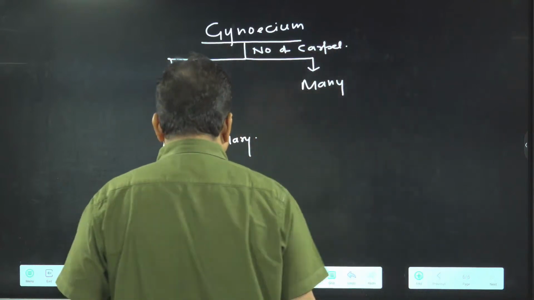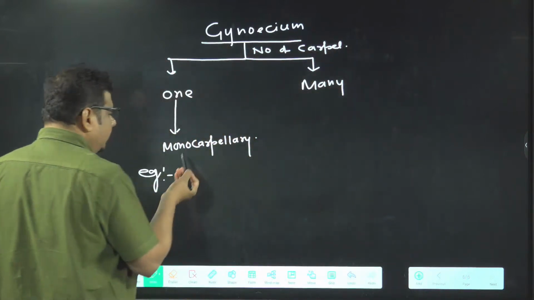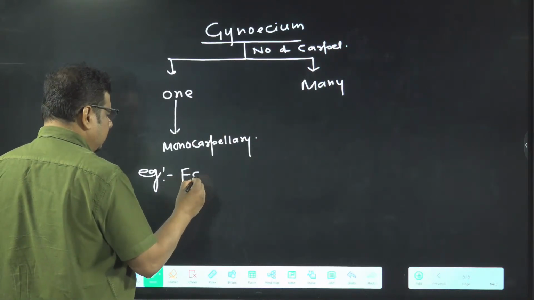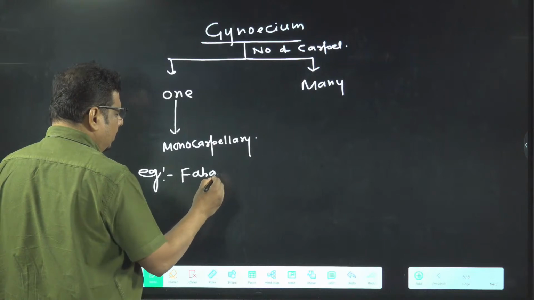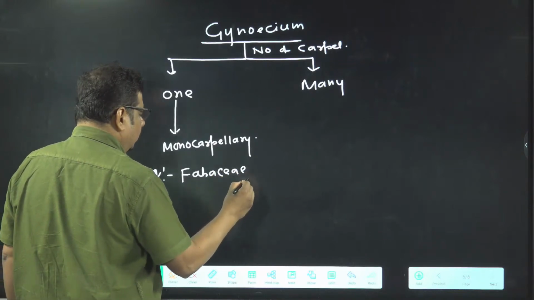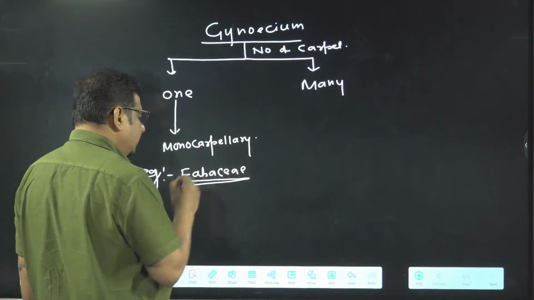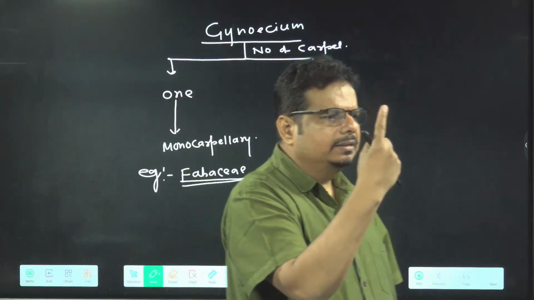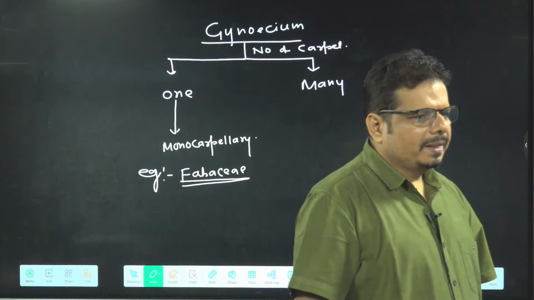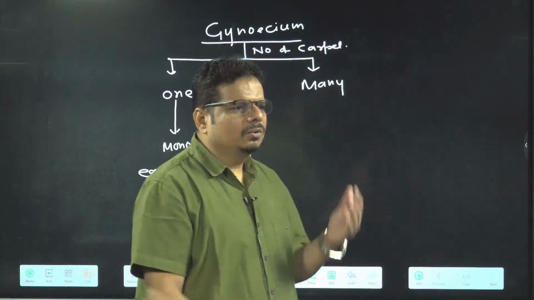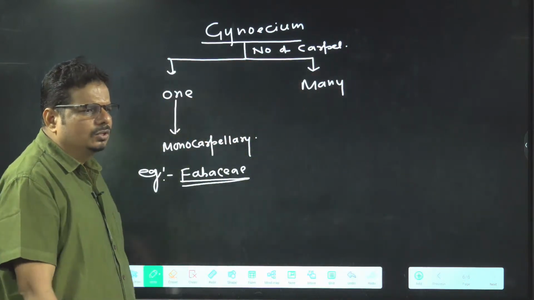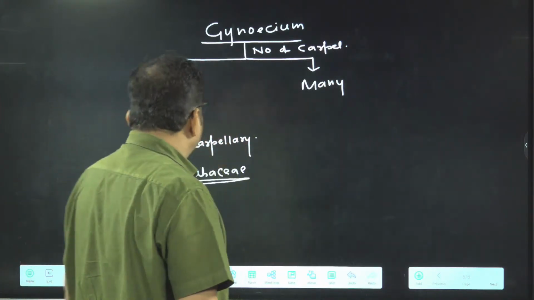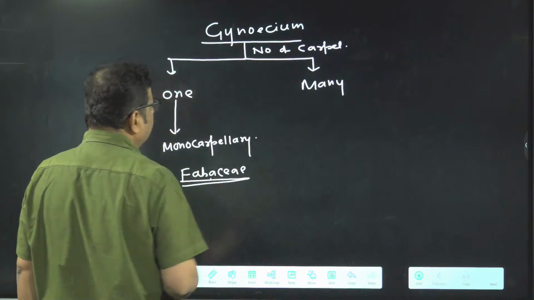Examples of monocarpellary are not mentioned here in NCERT, but you can use your common sense and you can find it in members of Fabaceae. You already studied earlier in the 11th, no? In members of Fabaceae, in Gynoecium, how many carpels are there? 1. Getting the things. Another student wrote mango. Okay, no issue. It's all right. Done. So what I am saying, it is monocarpellary.